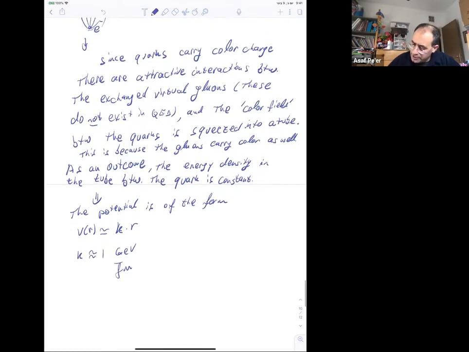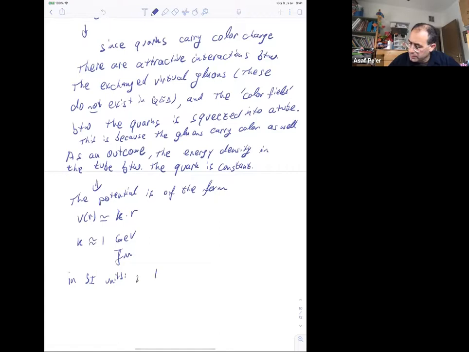So in SI units, 1 GeV per femtometer is 1.6 times 10 to the minus 10 joule over 10 to the minus 15 meters. Did I miss something? I have to check the units later on. I just marked them myself.